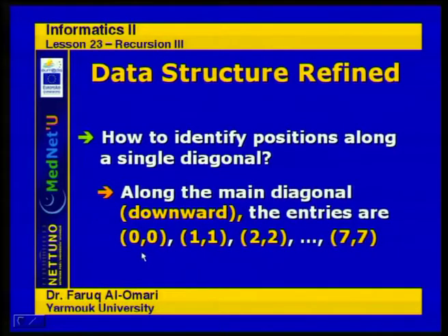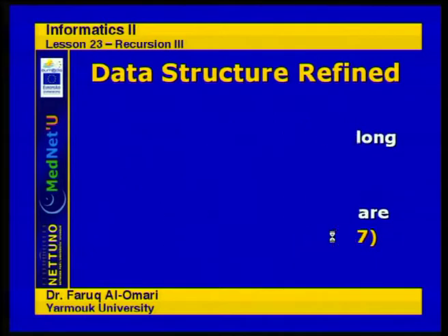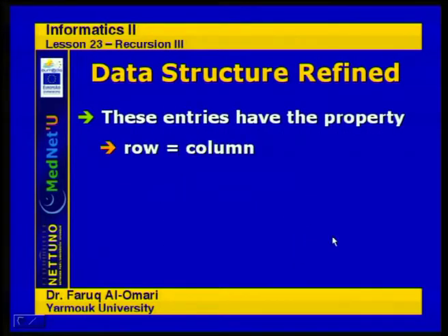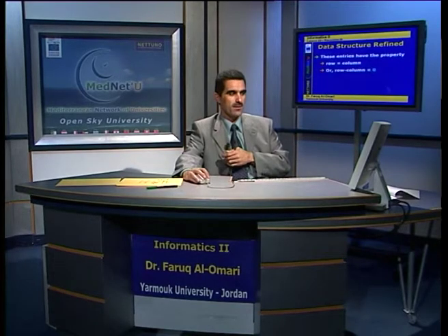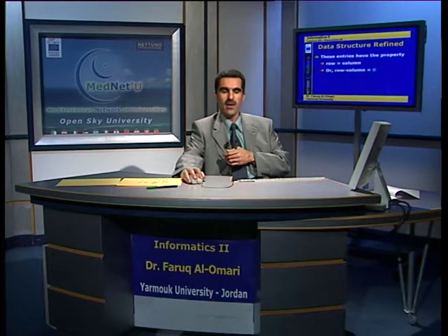So basically, the row and column indices are always the same. Or saying that in a different way, always row minus column equals 0. So that identifies the main diagonal.